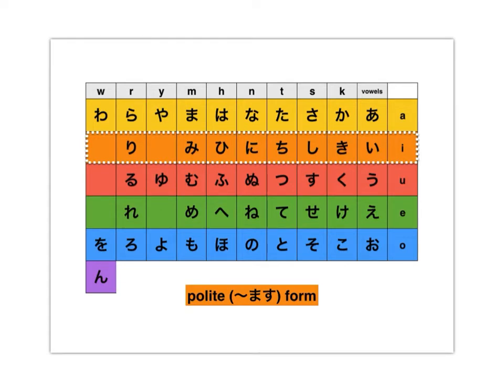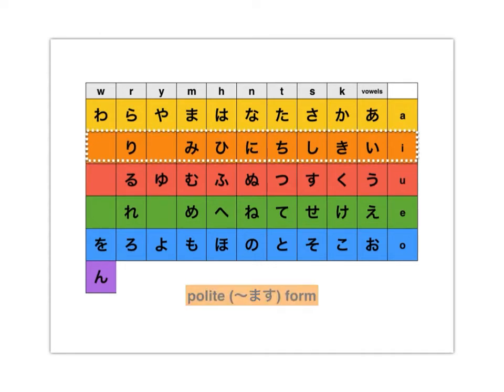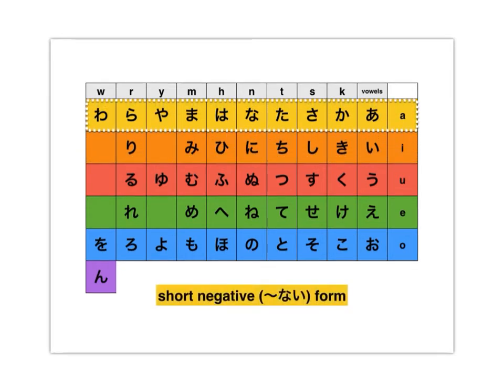So the polite form will have the i syllable line when we are dealing with u verbs. When we want to make the short negative forms of a verb, we're going to go up one more line to the a vowel line. So we're going to shift up two lines from our dictionary form. Again, if we use kiku, we can go kiku, kiki, kika, and then we add our short negative ending.